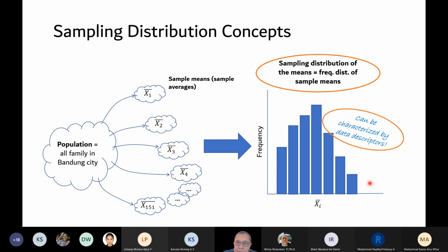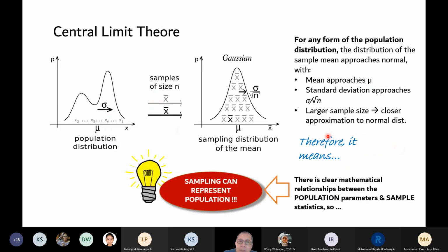So again, any frequency distribution can be characterized by data descriptors. Now, this is one of the most important results, the central limit theorem. Sorry, there's an M missing there.